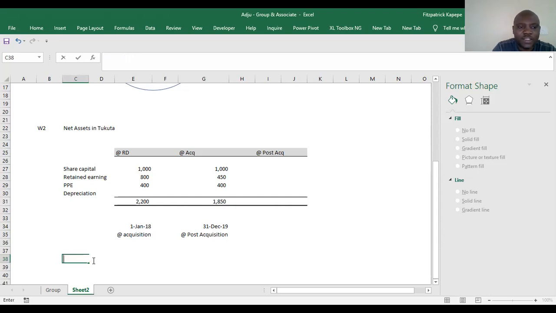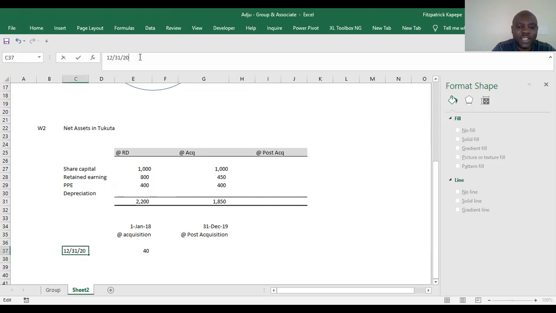If I do it like this, I say from 1st January to 31st December 2018. By 31st December 2018, how much will be the depreciation, Yvonne? Most certainly, you calculated it well to be that divided by 10 years, which gives you 40. But this only takes you up to 31st December 2018.